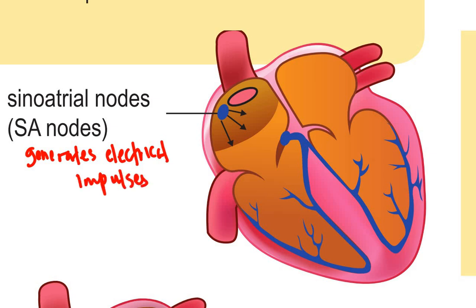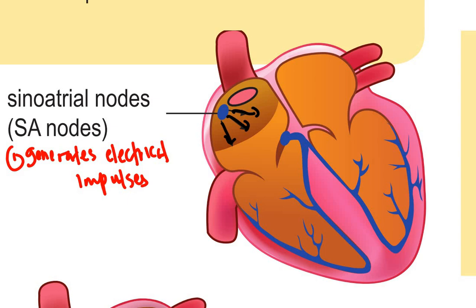This is the first one. Maybe I should use color to show the impulse. So the black color shows the impulse produced by the sinoatrial node.